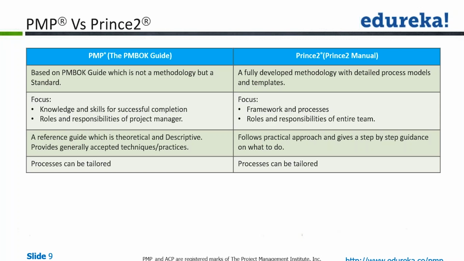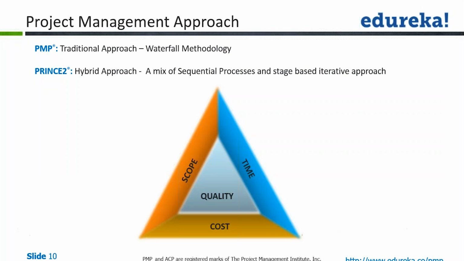Project management is a very wide subject and wide body. It's very difficult to cover the difference here in a few slides, so I have taken only very high level points here. Let's understand the approach that each of these methodologies or standards follows.